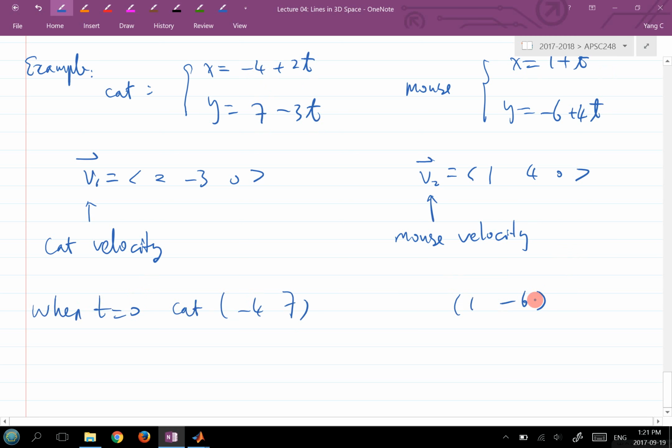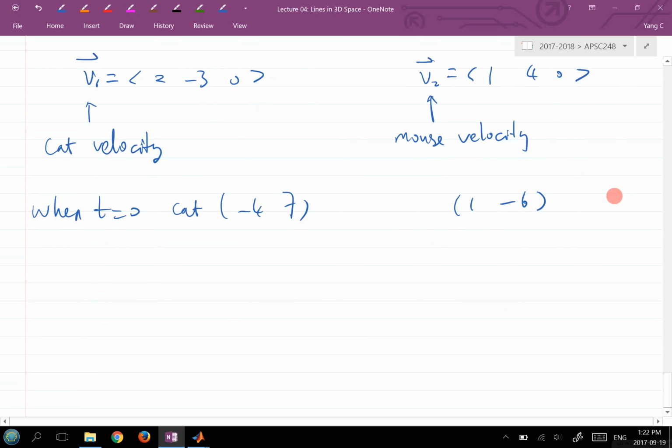So here are my two questions. The first question is, will the cat catch the mouse? The second part is, if the cat can't catch the mouse, what can it do in order to catch the mouse? But let's deal with the first part first.